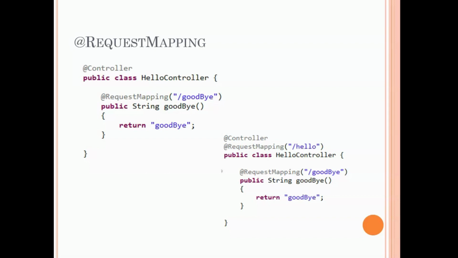Once that is done, we will get into writing a whole set of code using all the components that we have learned over these 3-4 videos: dispatcher servlet, the XML configuration file, the Spring configuration file, the controller annotation, the request mapping annotation, and the model class. So we will see a complete example that will use these different components.